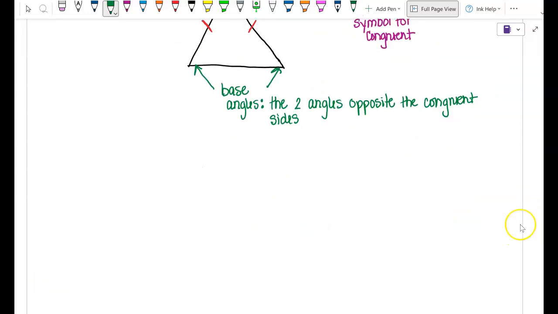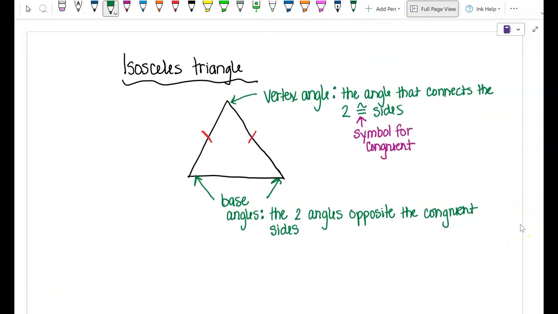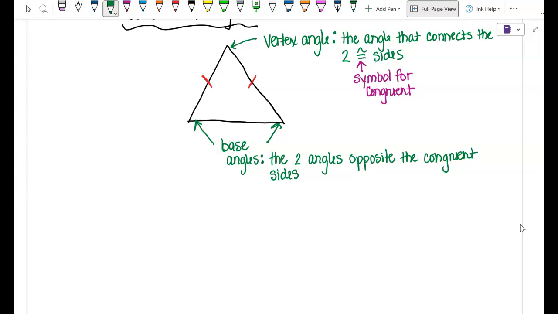Now, there are two theorems that apply to the isosceles triangle. The first theorem is called the isosceles triangle theorem. And we're going to talk a little bit later about what is a theorem, what is that telling us.